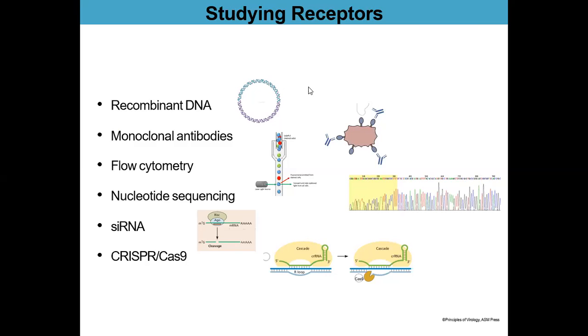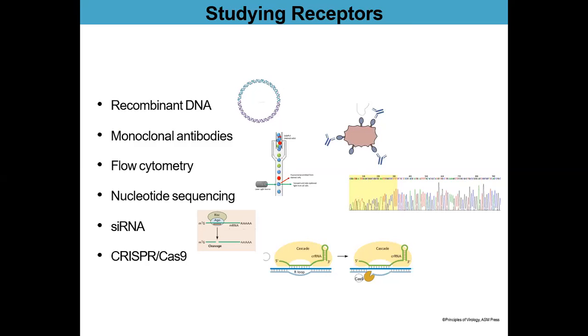You have millions of cells, and you label them with particular dyes, and then you pass laser light through them, and the laser light will detect a particular fluorophore that has been labeled onto the cells, and it will tell us what type of cells are there, whether they have particular receptors on their surface or not. And then we have nucleotide sequencing. Nucleotide sequencing lets us determine the sequence of these receptors.